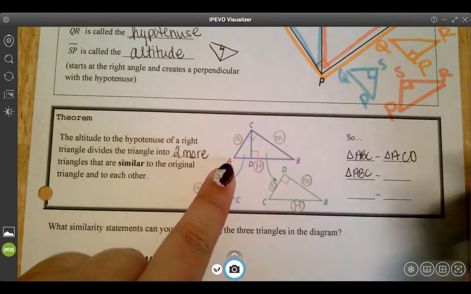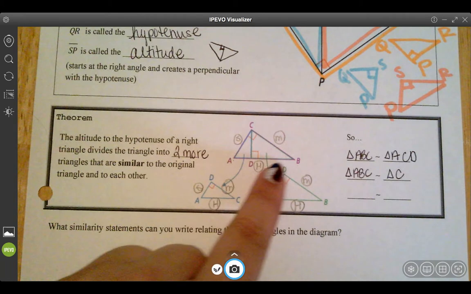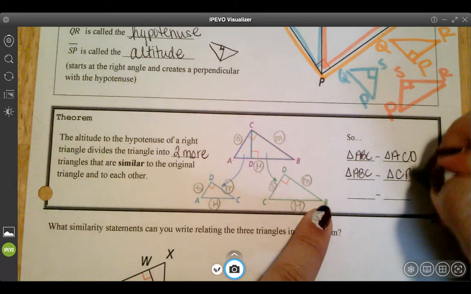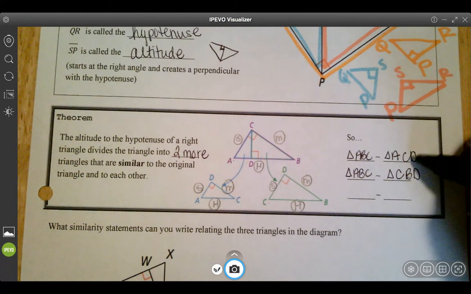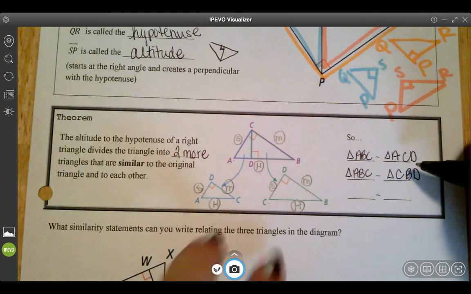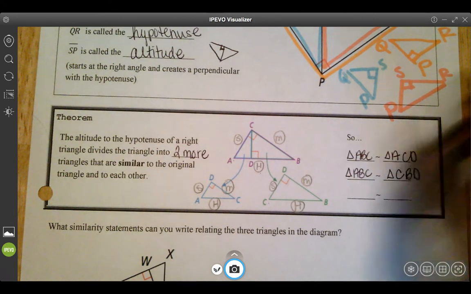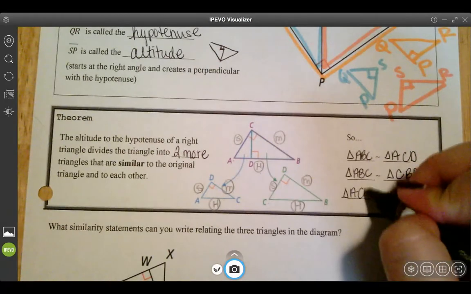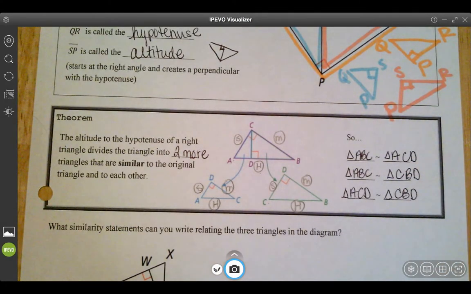Starting between small and hypotenuse, that is C. Going along the hypotenuse takes me to B, D. And then for our last statement, it's these 2 triangles that we want to compare, the blue and the green. Because we already named them in a very careful order, we can just keep that order. Triangle ACD is similar to triangle CBD. Okay?